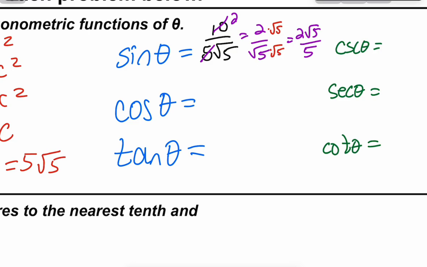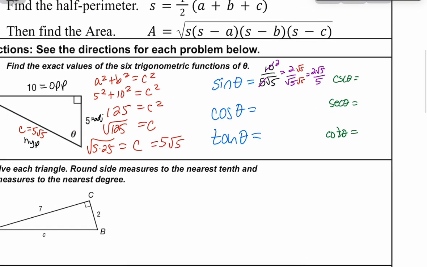Now let's move on to the cosine. The reason we label our triangle is because then we can easily pull out what we need. Cosine is adjacent over hypotenuse. So that would be 5 over 5 radical 5. Sorry about that.